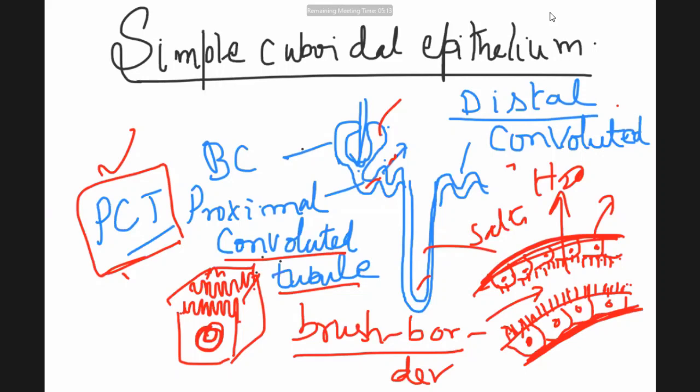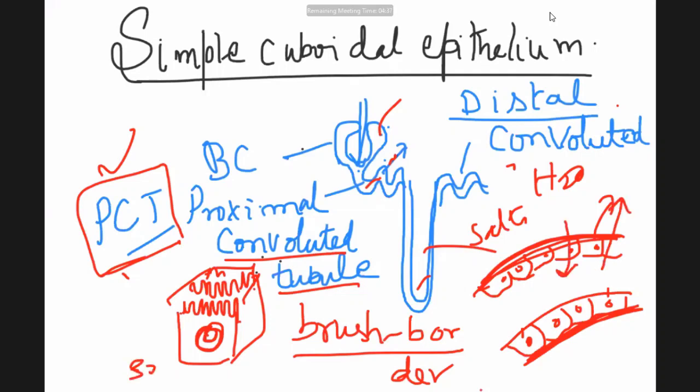Then, in the distal convoluted tubule, there is cuboidal epithelium. From what I said, can you say any point? In the DCT, the brush border is absent. Microvilli are found in the PCT. In the DCT, it is simple cuboidal epithelium but without brush border. So it can eliminate certain waste and it can reabsorb.